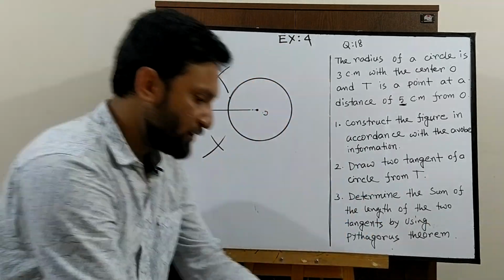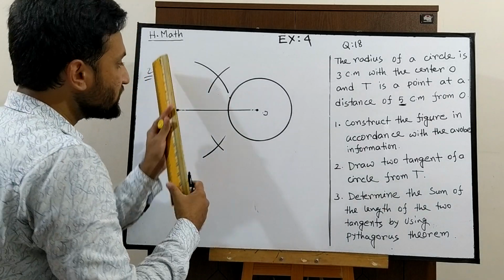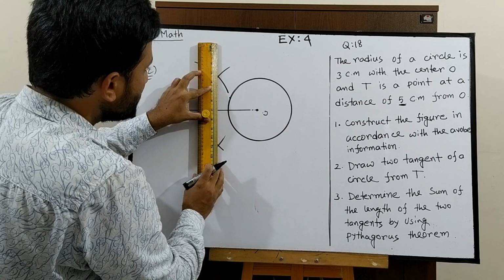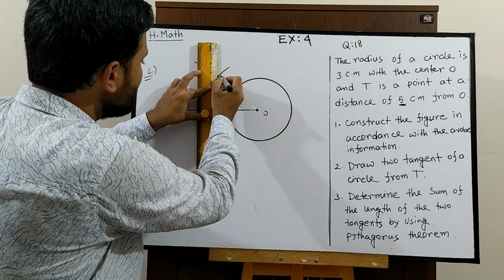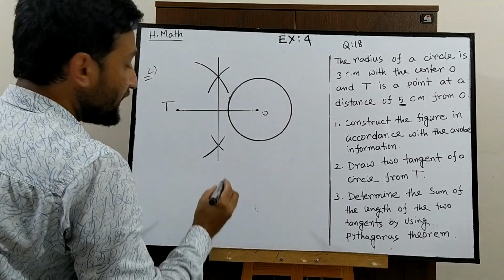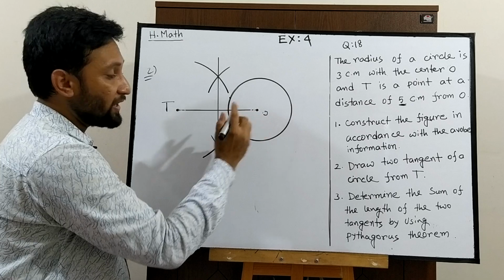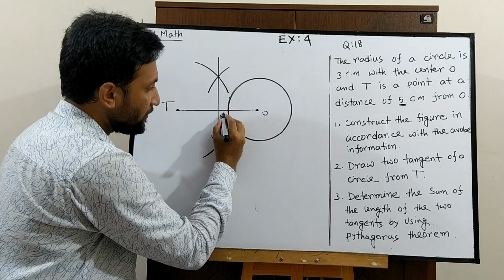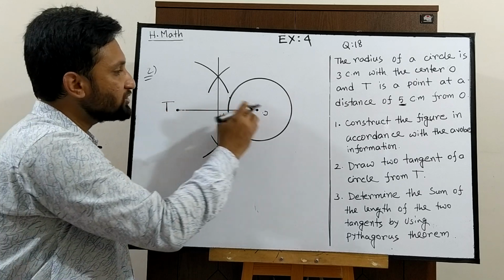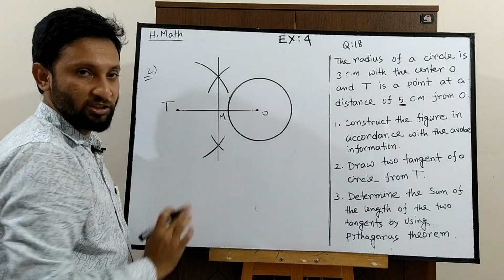Then join the 2 intersecting points, upper and lower, vertically. Mention the intersecting point on line TO as M. So this line is the bisector of TO, and you can say that M is the midpoint of TO.